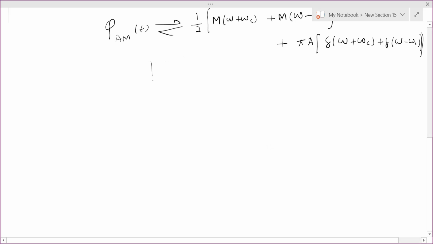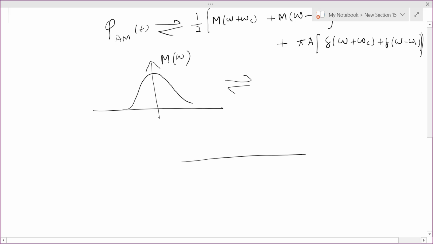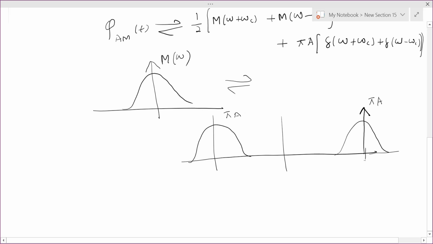If you have a message signal whose Fourier transform is something like this, then the Fourier transform of AM with carrier will be this, and there is one pi A impulse at omega c.